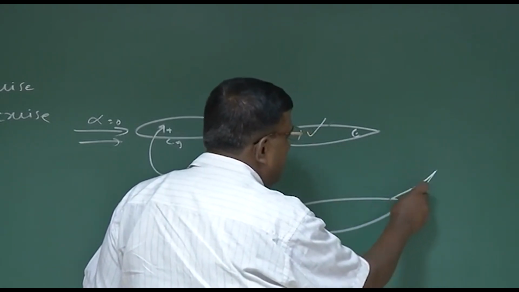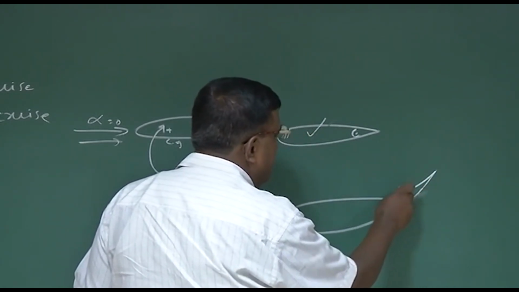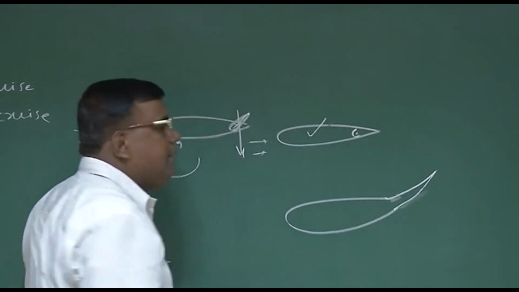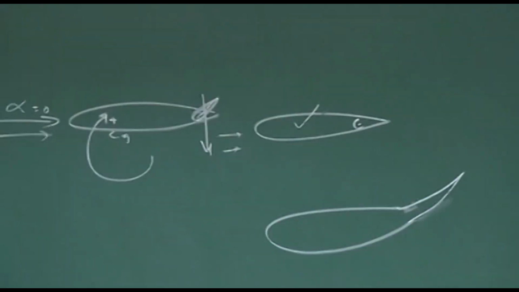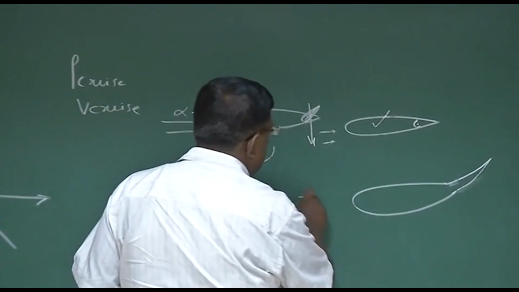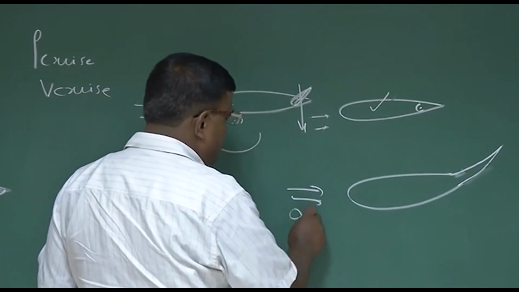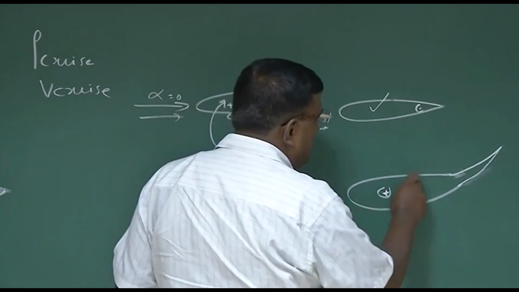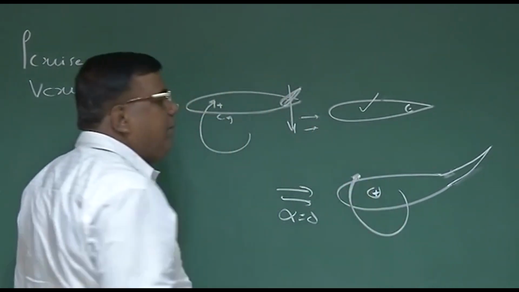Okay? I can design and select a reflex aerofoil and manufacture a flying wing using the reflex aerofoil configuration, and this will generate Cm naught at alpha equal to 0.